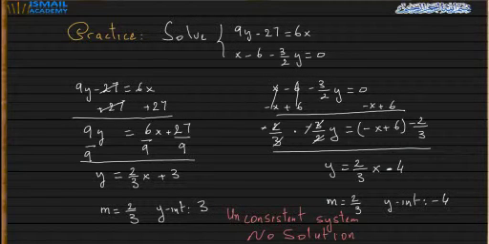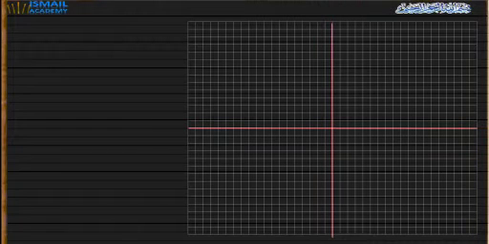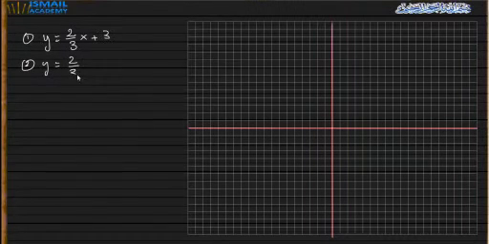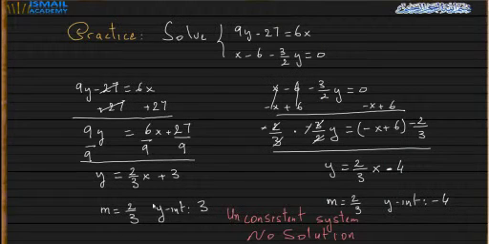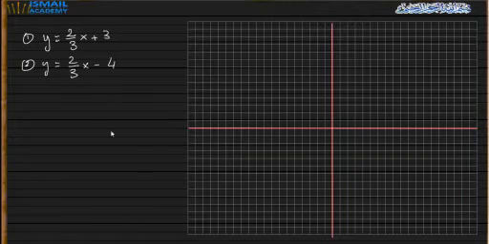We have the first one, y equals 2/3 x plus 3, in slope-intercept form. The second equation is y equals 2/3 x minus 4. Now I'm going to use the slope and the y-intercept to graph the lines. The first one has y-intercept 3 and slope 2/3.